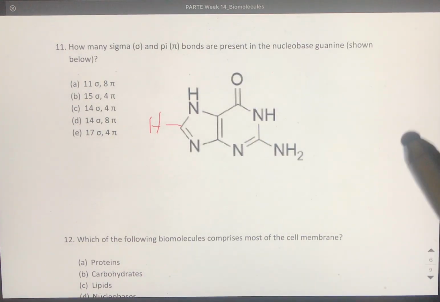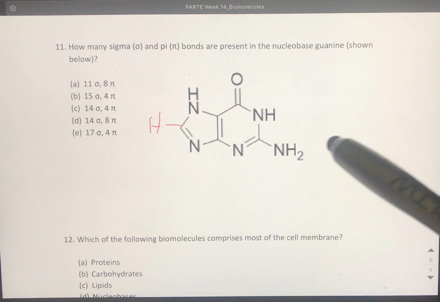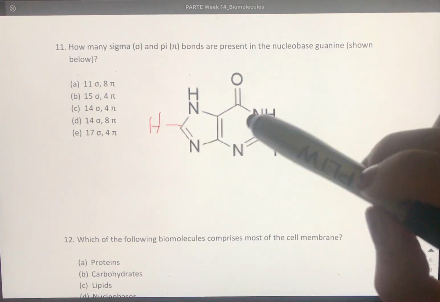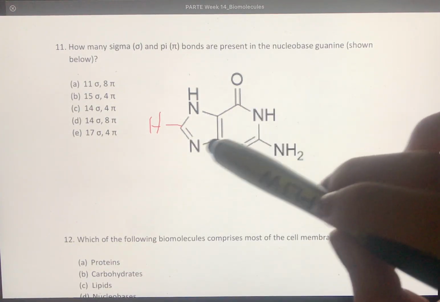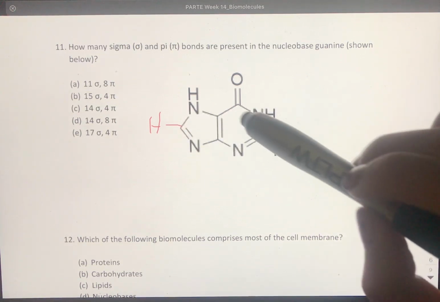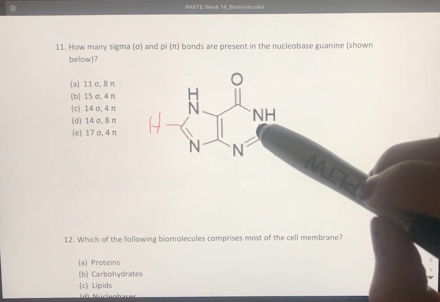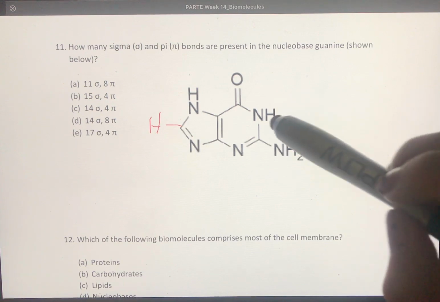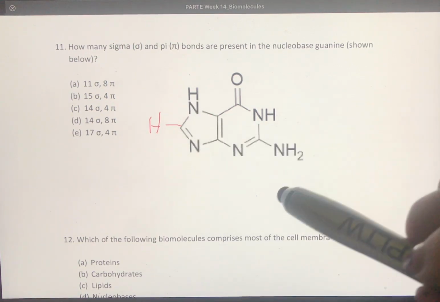So let's go ahead and count. First I'm going to count the skeleton, the carbon bonds for the sigma bonds, and then I will add the hydrogen ones.